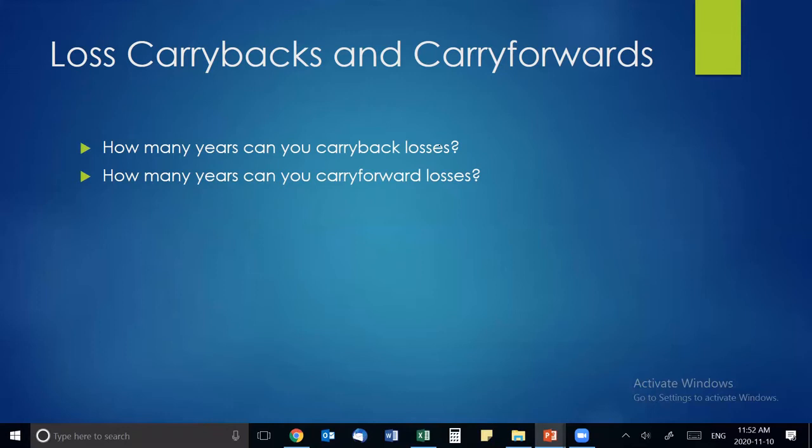So if you have a loss in year 4, for example, you can carry it back to the past 3 years and bring down your taxable income for the past 3 years and be able to claim less taxes. The taxes that you would have paid for those 3 years, you can get a refund for some of that.